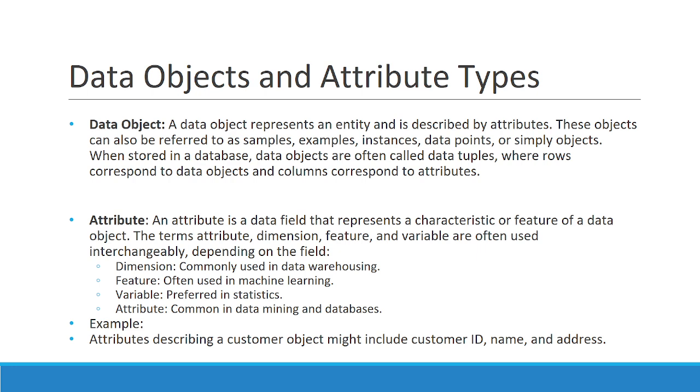So first we'll try to understand what is a data object and what is an attribute. Okay, so whenever you get any data set, data sets are made up of data objects.